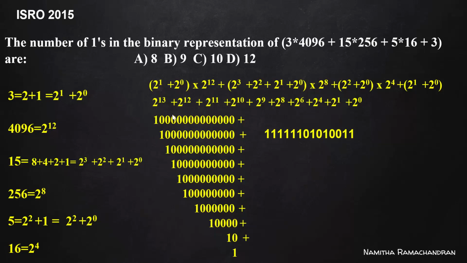We don't actually want to add these values. From this it is directly available that a total of 10 ones are present in the sum value. So option C is the right answer.